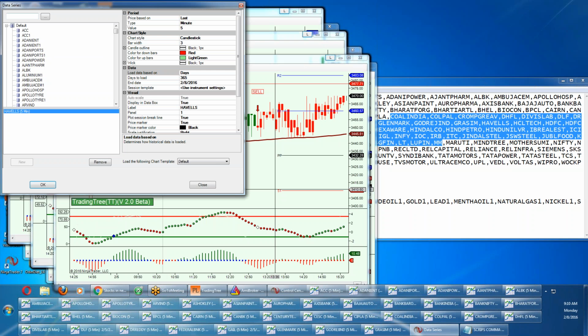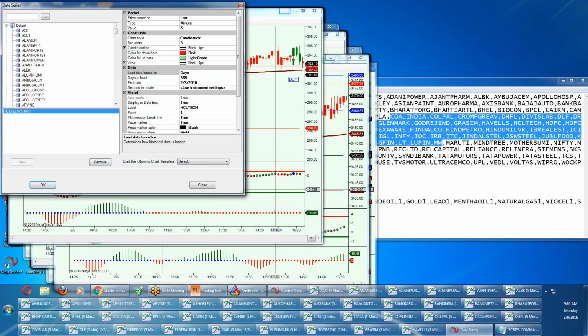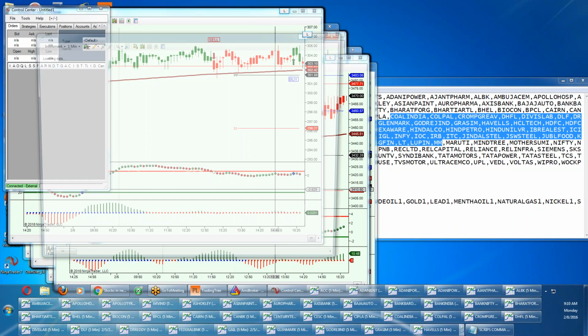So that's a flat opening for Nifty, 7489. That's on the pre-open.